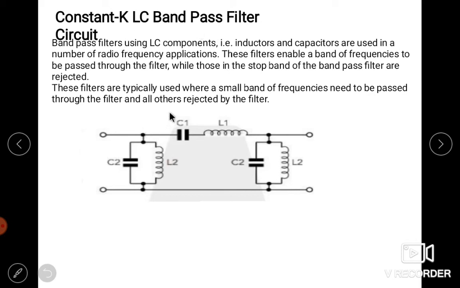This is the band pass filter. Band pass filter means these two filters, right? If I cascade one, this is the two low pass filter.